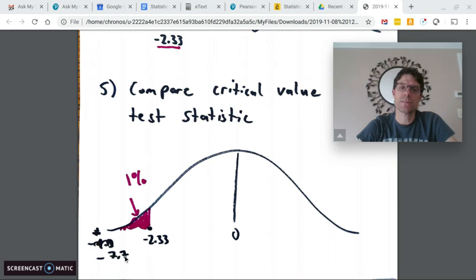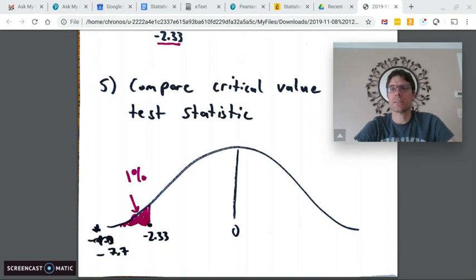Okay, so since negative 7.7 is less than negative 2.3, we say we are going to reject the null hypothesis. This is clearly evidence at a 1% significance that the percentage of gamers, of female gamers, is not 50%.